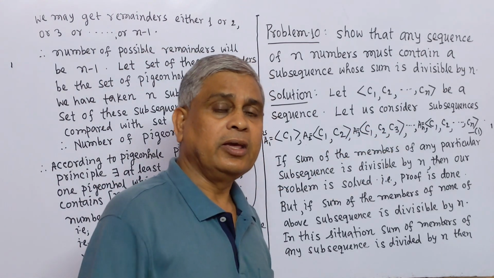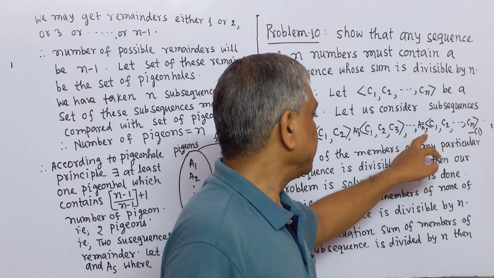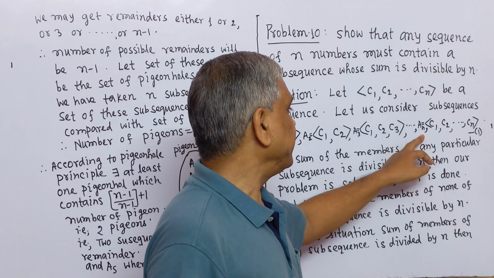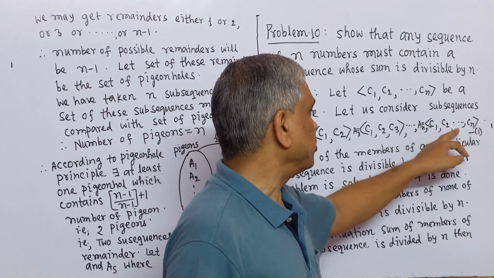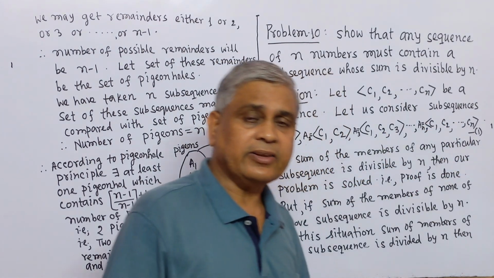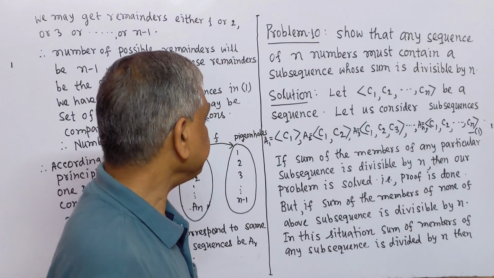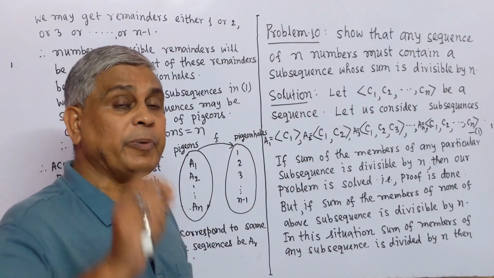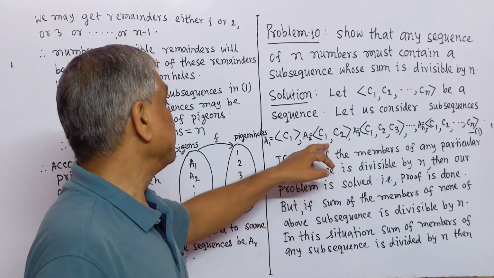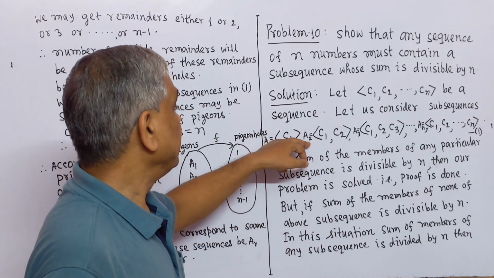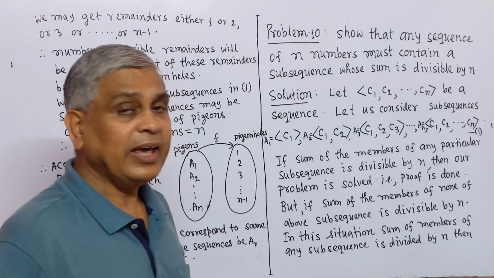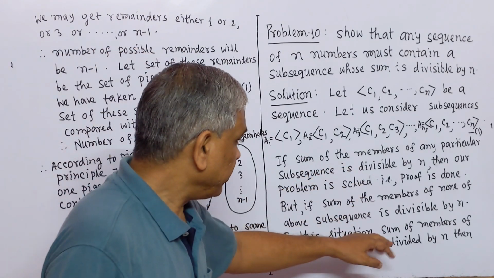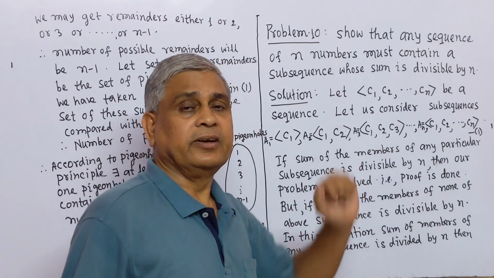In this way, the nth subsequence an contains elements c1, c2, ..., cn. Let this be number 1. If the sum of the members of any particular subsequence is divisible by n, then our problem is solved. That is, our proof is done.